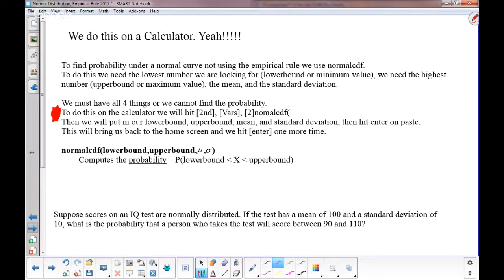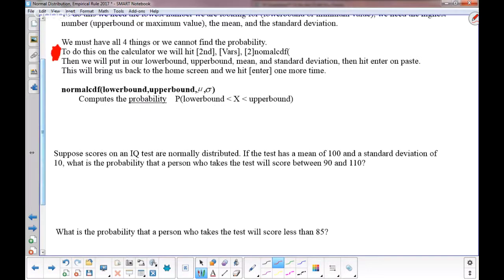This brings us back to the home screen, and we just hit enter one more time. What you'll see on the calculator is normalcdf and then a bunch of numbers after it. It represents your lower bound, upper bound, mean, and standard deviation, and it computes the probability between whatever the lower and upper bound is.